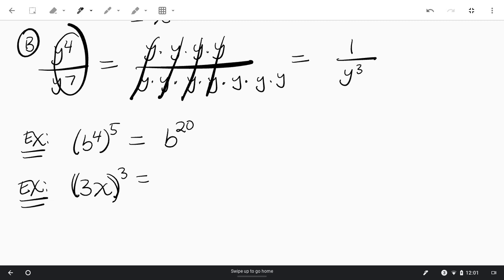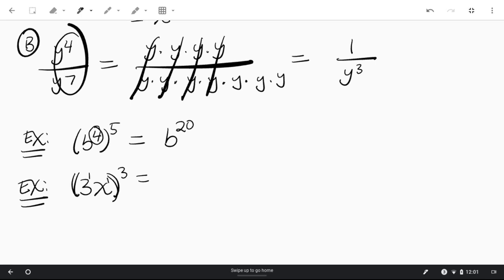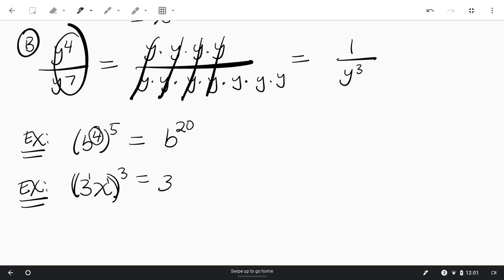In this top one, we see that it has an exponent of 4. Over here, we don't see any exponents, but if you don't see any exponents, the exponent is understood to be 1. So if you have to multiply, then we would get 3 to the 3rd power and x to the 3rd power.